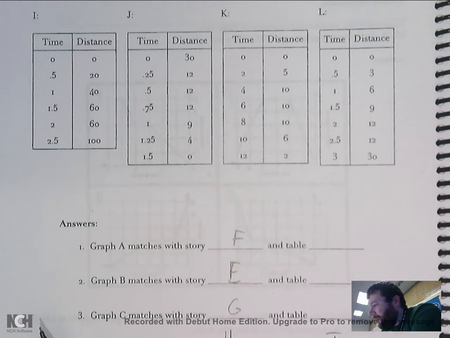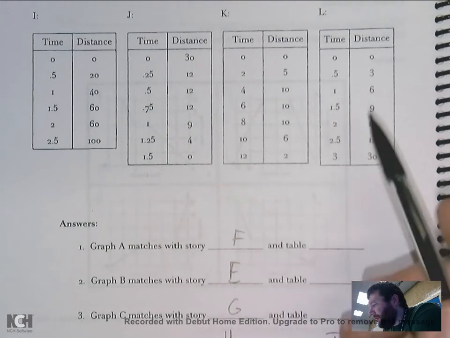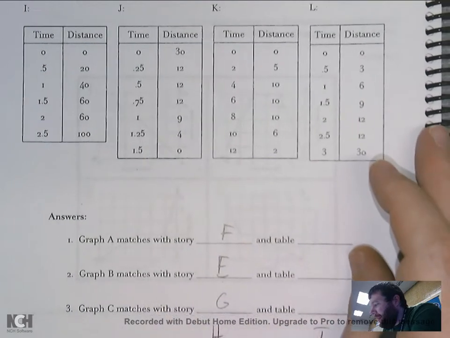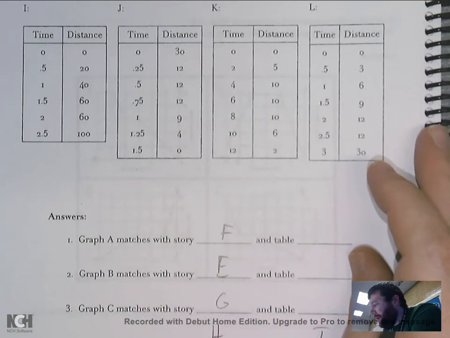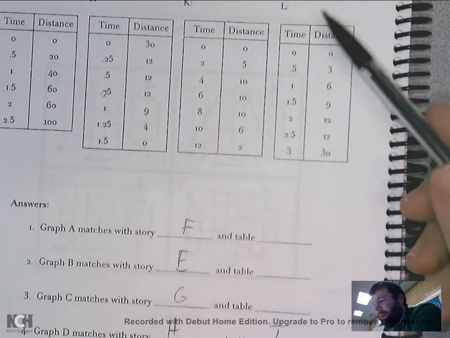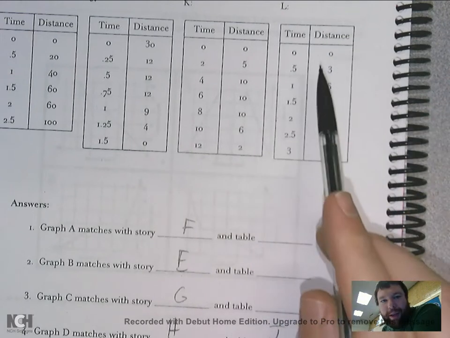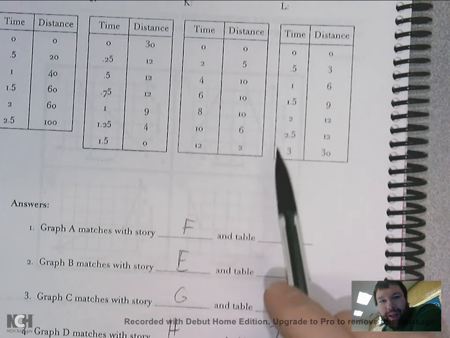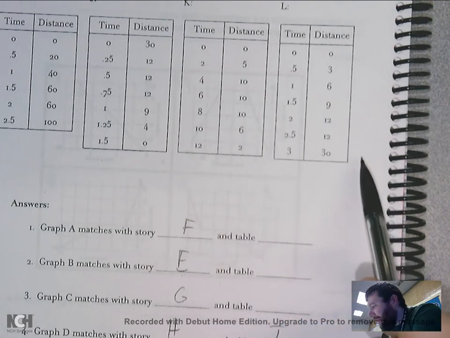Then, when we look at these other two, let's start by looking at which one stopped at 2, which looks like it is L. Because this is the one that drove slowly to the airport, and then waited for their plane, and then flew away.